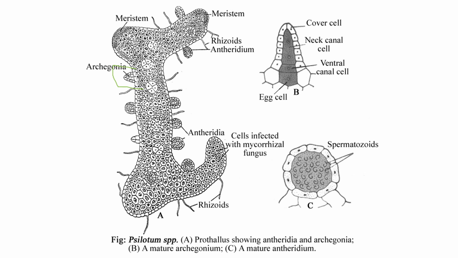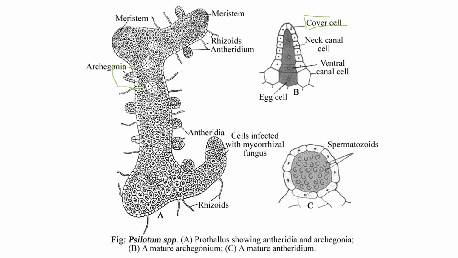This is the structure of the archegonium. It has neck canal cells with a ventral canal cell and an egg cell, which is covered by a single jacket cell along with the cover cell. On fertilization, this cover cell usually disintegrates.